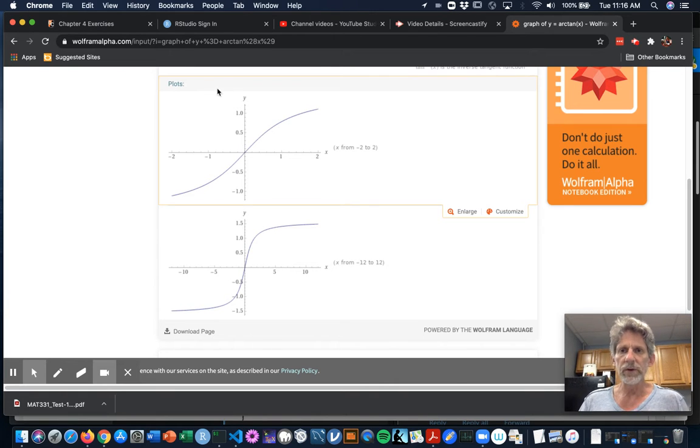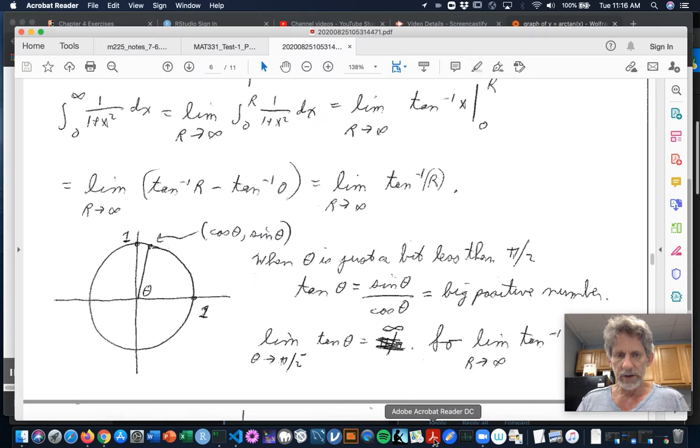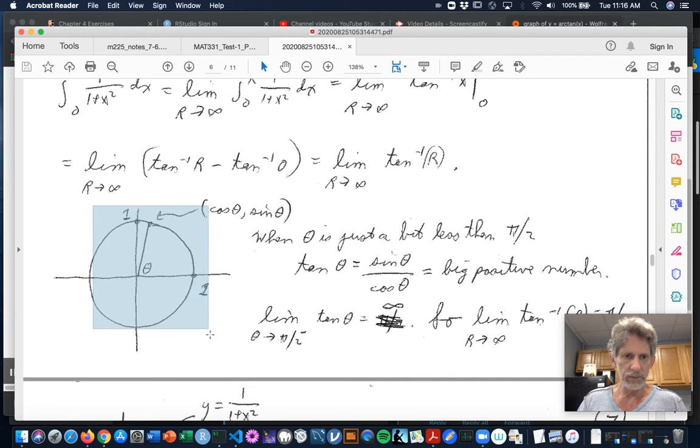I think it's also extremely useful, though, to get down to first principles and think of it in terms of unit circle trigonometry. So I'm going to adopt this approach here to give you some insight into this. So I'm looking for this limit. And so I'm wondering, what angles between minus pi over 2 and pi over 2 would deliver me really big positive tangents, r going to plus infinity. So I think of my unit circle, and I think about angles between pi over 2 and minus pi over 2.